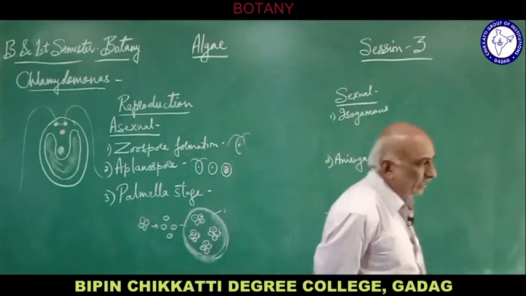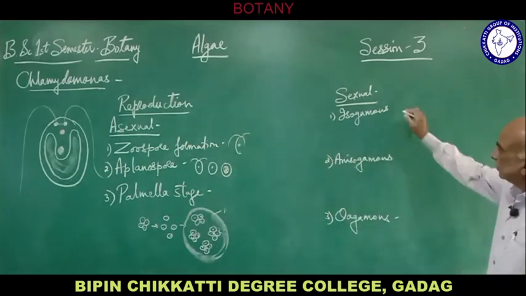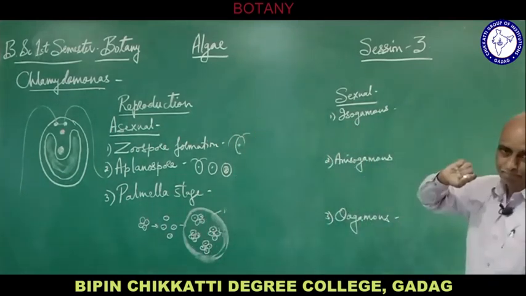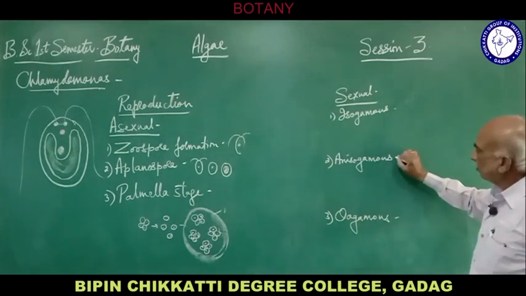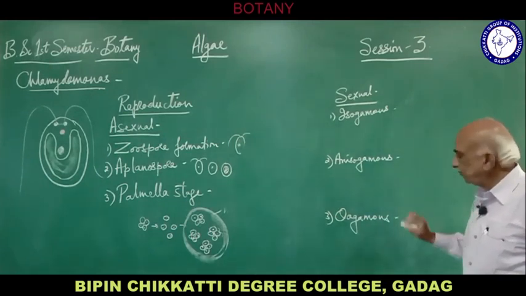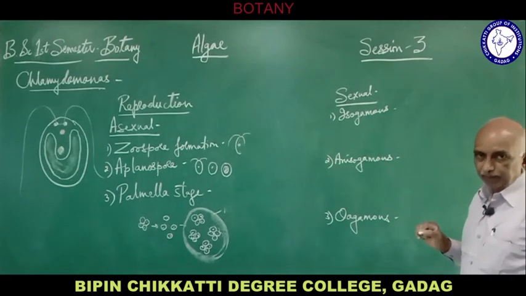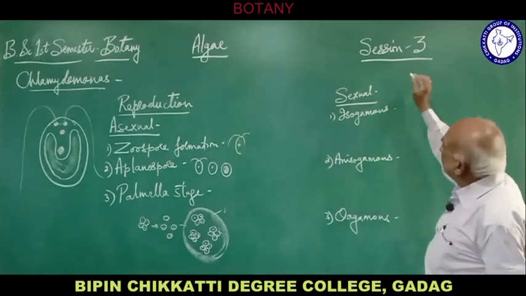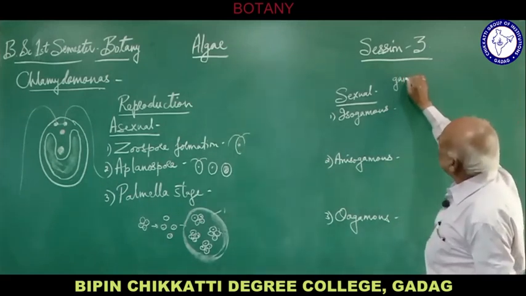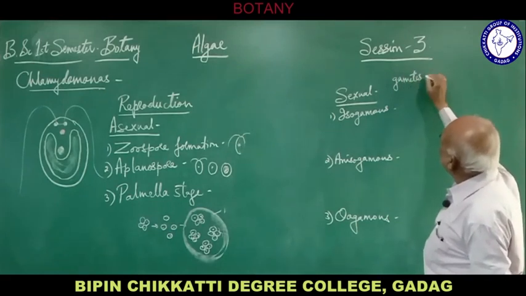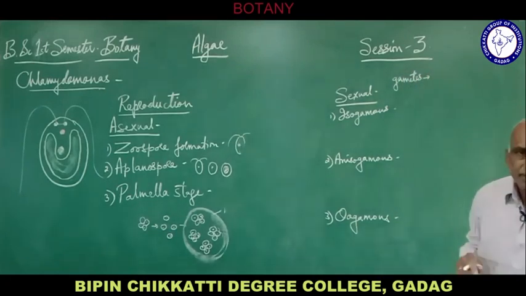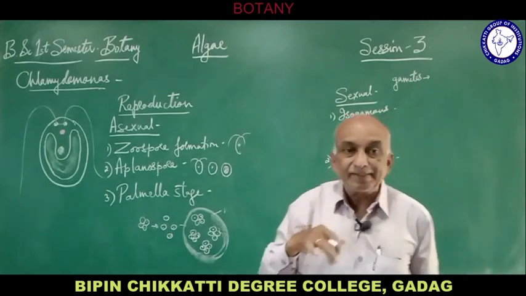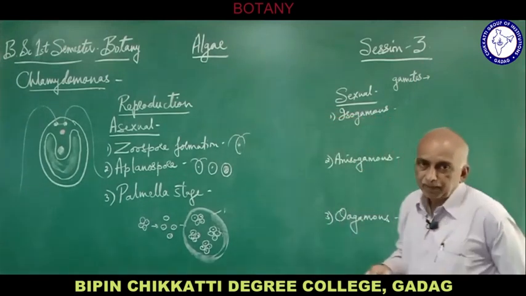As we already studied in the algae, isogamous means the gametes are similar, and anisogamous means the gametes are not similar. Here there is a well defined structure where gametes are produced. The gametes which are produced, the male gametes and female gametes, are sometimes surrounded by a cell wall or may not be.